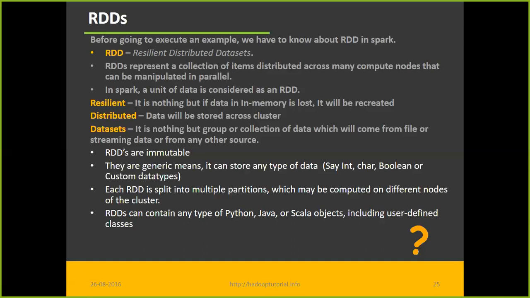So R1 remains as it is. Your R2 will get created with double the values of your R1. Your R1 is not changed. R1 still remains the same even after the operation that you did. So RDDs are immutable.